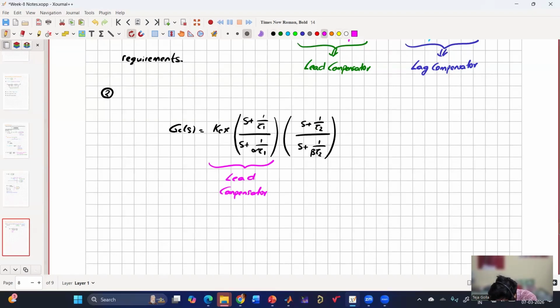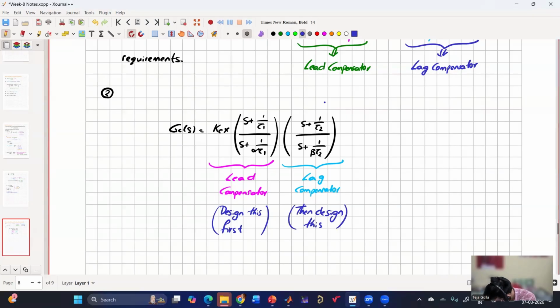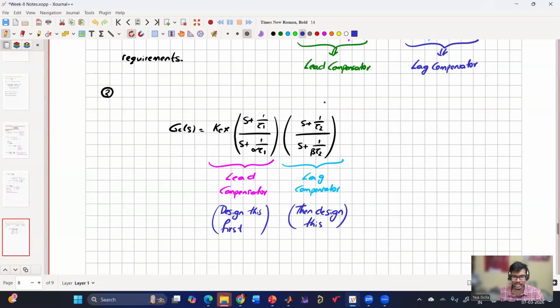And then we'll decide the lag compensator. So we have to design this first. Once this is designed, then design this. Okay, once that is designed, then we'll be designing this.